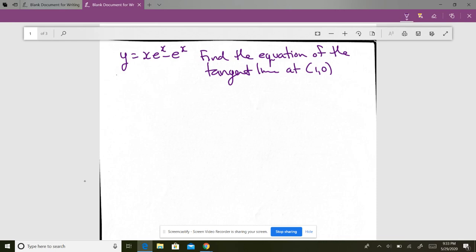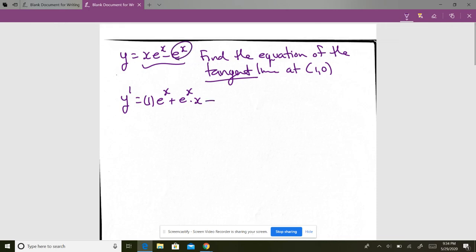As soon as you see the equation of the tangent line, you know you're doing the derivative, because the derivative gives you the slope. So the derivative of this is the same function we just did, but it's minus. So we're going to go product rule. Derivative of x is 1 times e to the x, plus derivative of e to the x, which is e to the x, times x, minus the derivative of e to the x, which is e to the x.